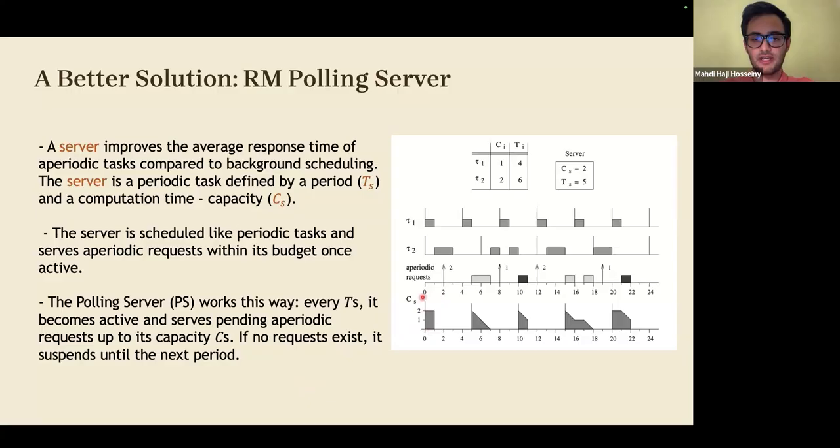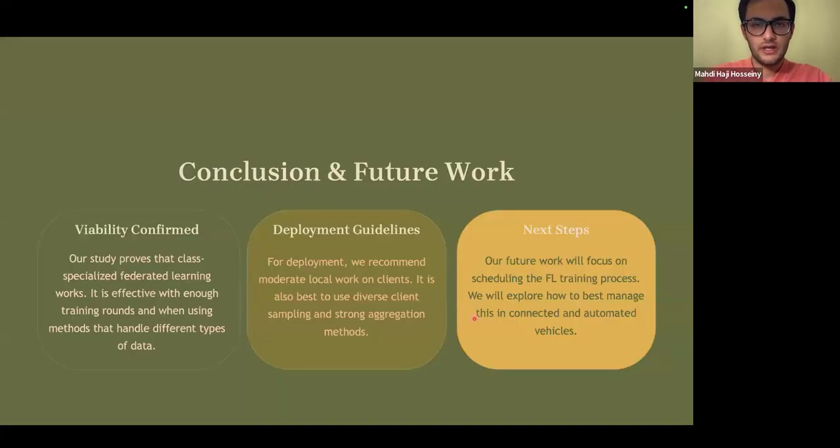For example, here, this is the arrival time for an aperiodic task. Before that, we have dedicated a capacity to our server, but there is no aperiodic task, so it suspends until the next period. And in the next period, the aperiodic task will use the capacity of the server to, for example, train our FL system.